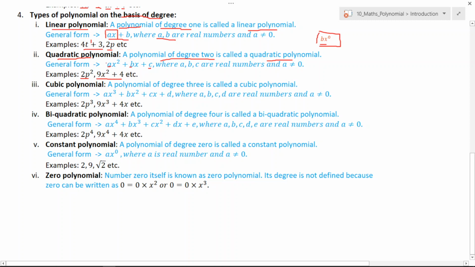A is not equal to 0 because if a becomes 0, then this term becomes 0. Then what is left? Bx plus c, and bx plus c is a linear polynomial, not a quadratic polynomial. Clear? So this is the condition for quadratic polynomial.